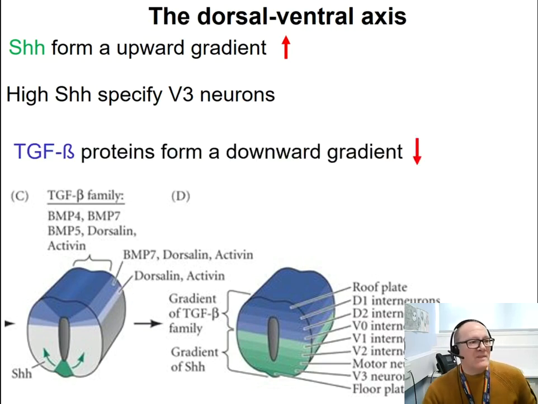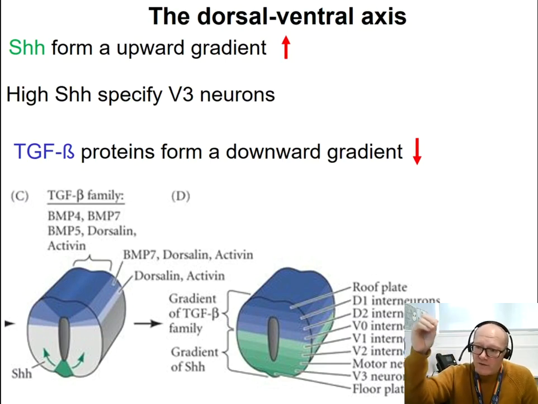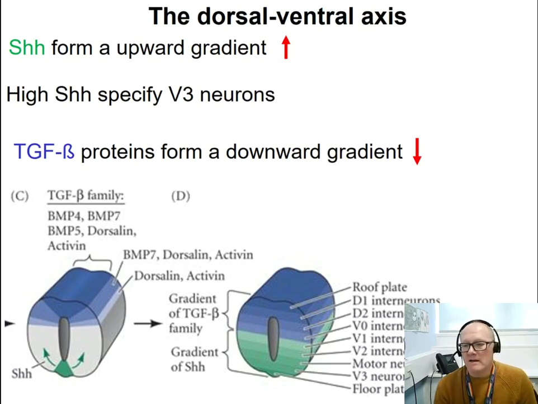So, for example, a high level of SHH specifies V3 neurons, which are near the floor, while interneurons, for example, require a high level of TGF-beta. And some other neurons require an intermediate level of SHH and TGF-beta. So what happens is that different kinds of neurons are now induced and formed along the dorsal ventral axis in the neural tube because of the gradient of SHH and TGF-beta.